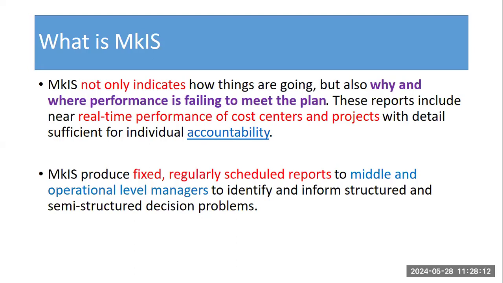It may be due to some uncertainty or due to conditions prevailing in the environment, so they cannot predict it again. A structured problem they can predict because, based on the past, the same thing can happen again. But a semi-structured problem is not like that, and they cannot predict it from what happened in the past.